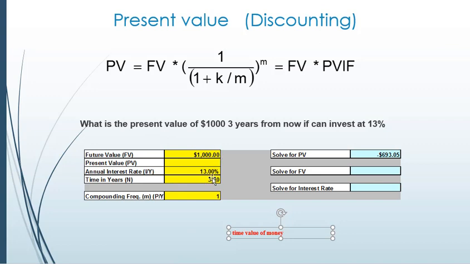You're going to earn 13% is what you can invest at, for 3 years. So in today's money, this is worth $693.05. What would you be willing to pay to get $1,000 in 3 years if you can earn 13%? The most you'd be willing to pay is $693.05.